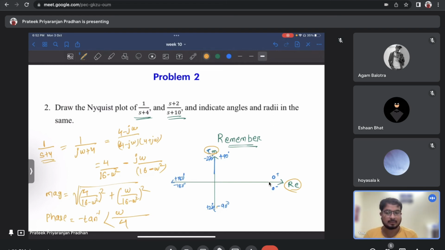So this part is clear. Then when omega tends to 0, tell me the magnitude and phase. What will be the magnitude when omega tends to 0? Quickly, somebody.